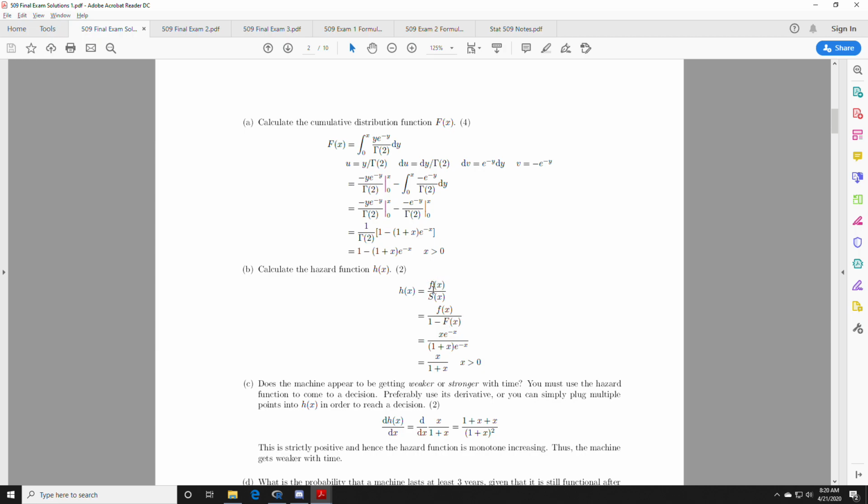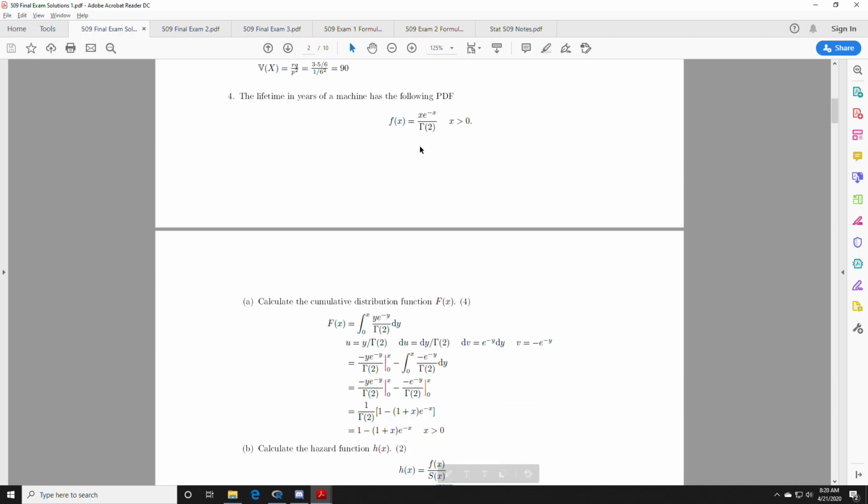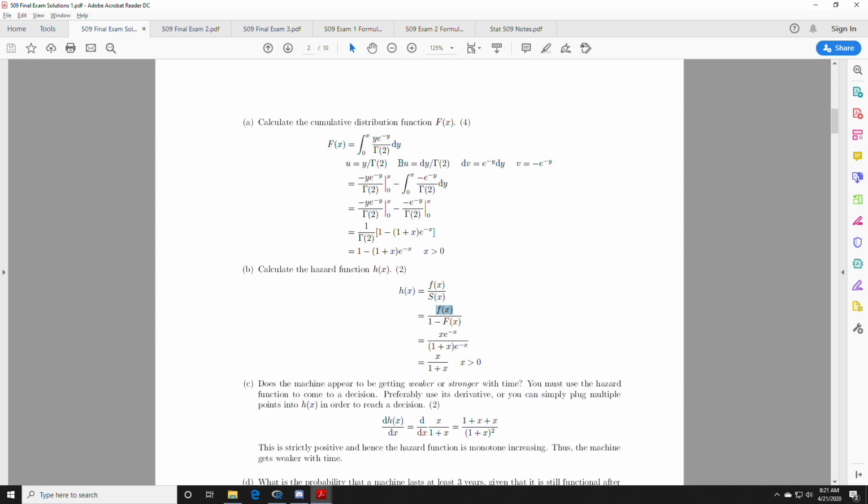Recall you can in a PMF for a discrete distribution, but for a continuous distribution, you can't evaluate little f at single probability points. So we know the PDF, and we just calculated the CDF, so we take 1 minus the CDF, and we get this. So this is the hazard function.